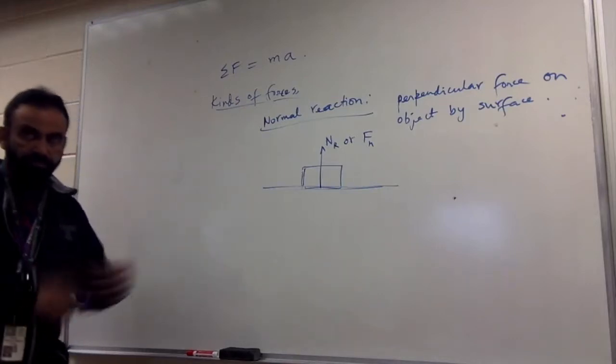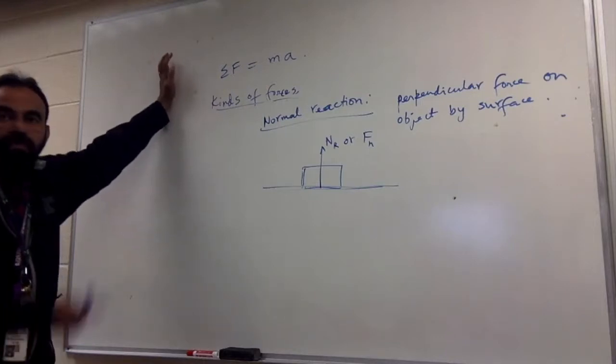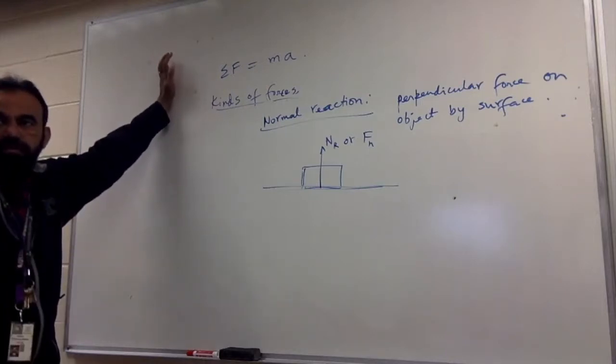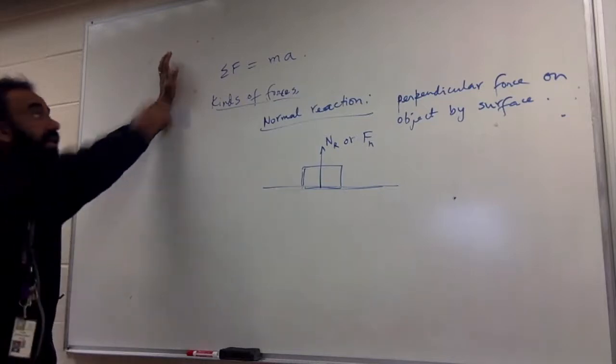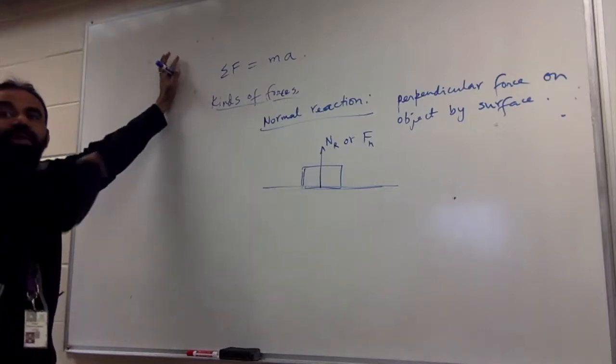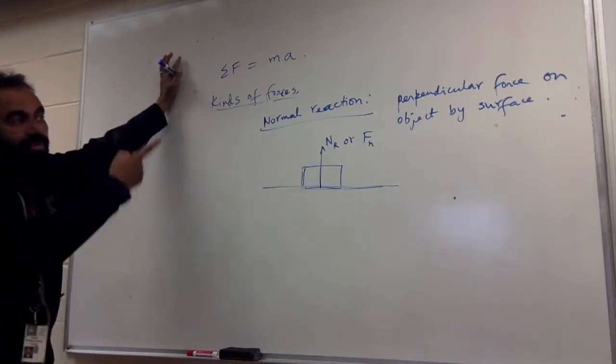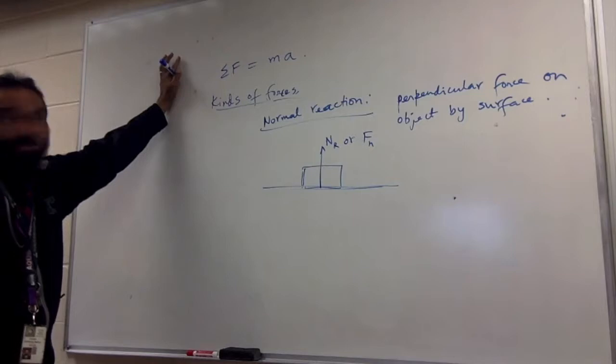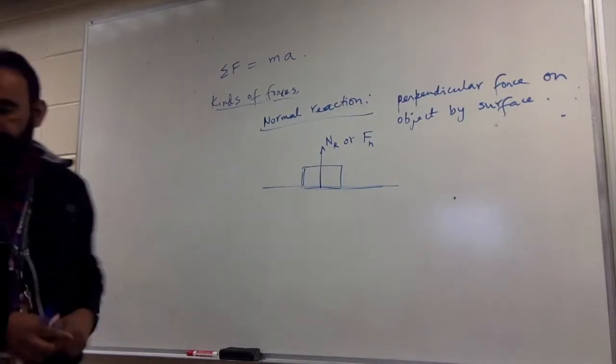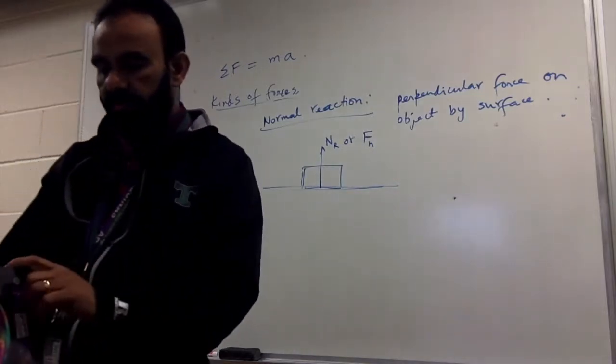Now watch this. I'm putting my hand on the board. I'm resting there. Which way is the normal reaction? By the board on me, straight out, not along my hand. Because what is normal? Perpendicular. So it's perpendicular to the surface. Look at this.